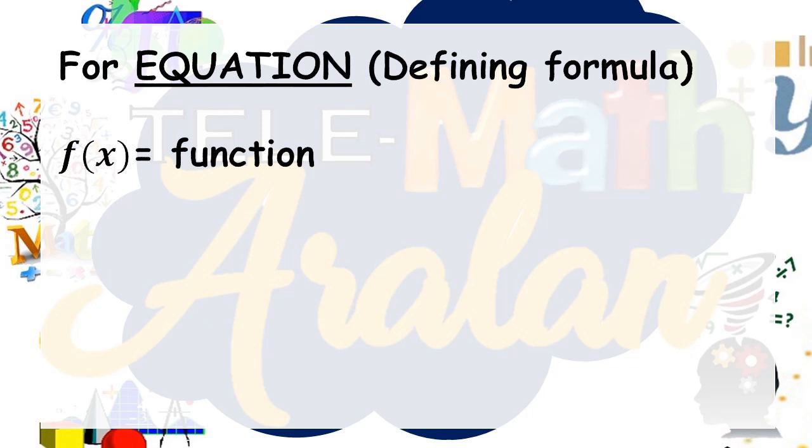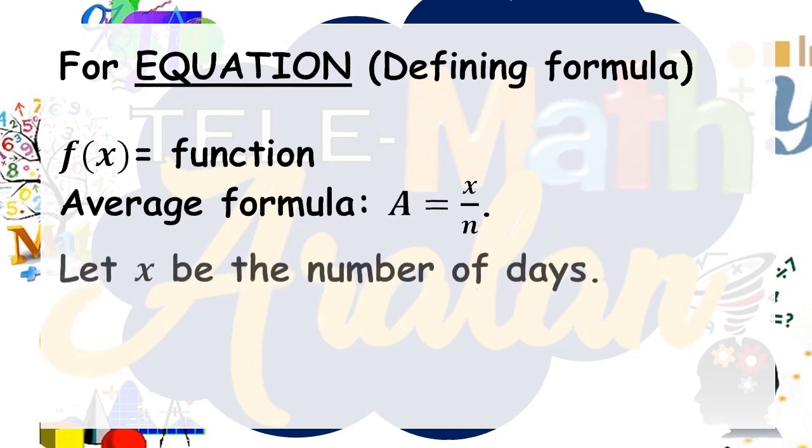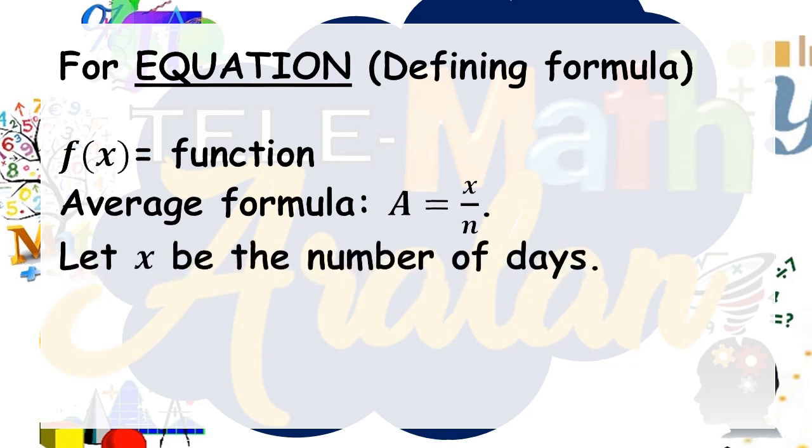Average problem, use the formula A is equal to x over n, where A is the average, x is the cost, and n is the number of days. And let x be the number of days. Note that 300,000 pesos is a fixed price you need to pay plus 700 pesos per day divided by the number of days x.